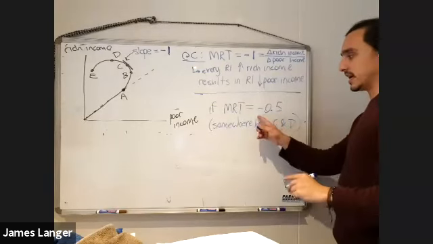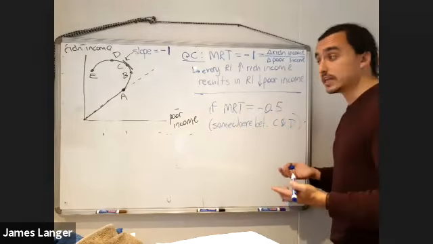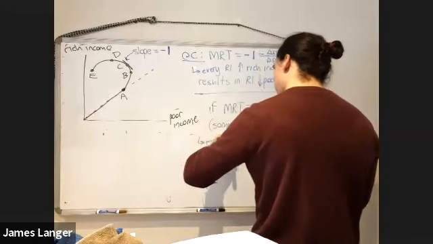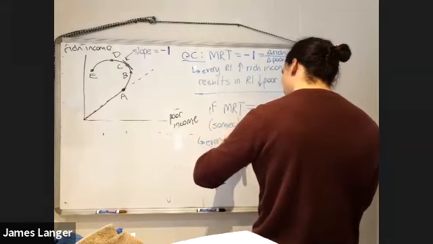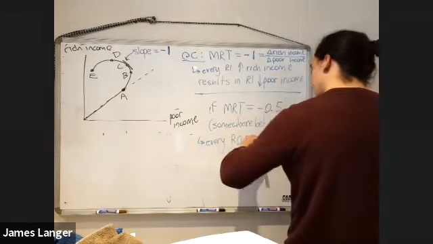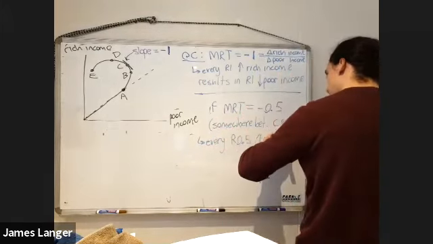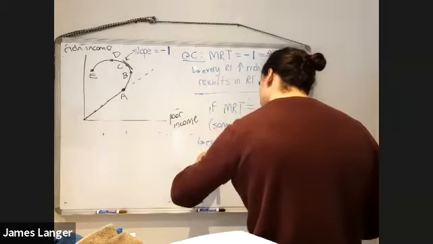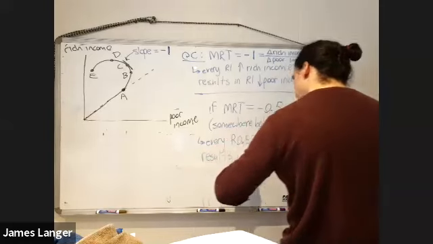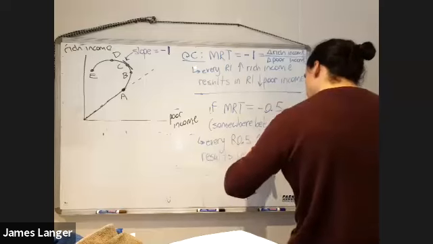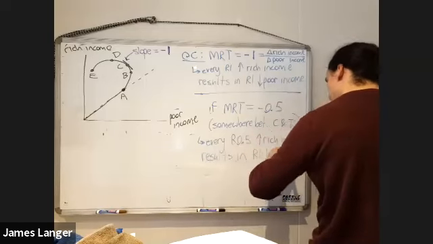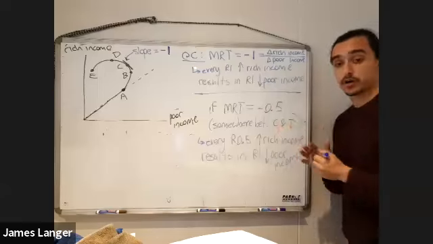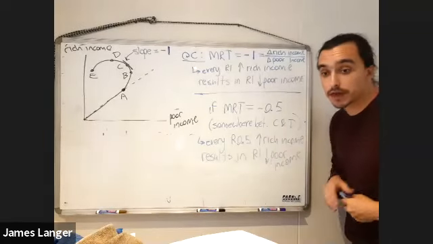Then the way that we would read this, we would say that every 0.5 Rand increase in rich income results in a 1 Rand decrease in poor income. So that's how we're going to read our marginal rate of transformation, right?